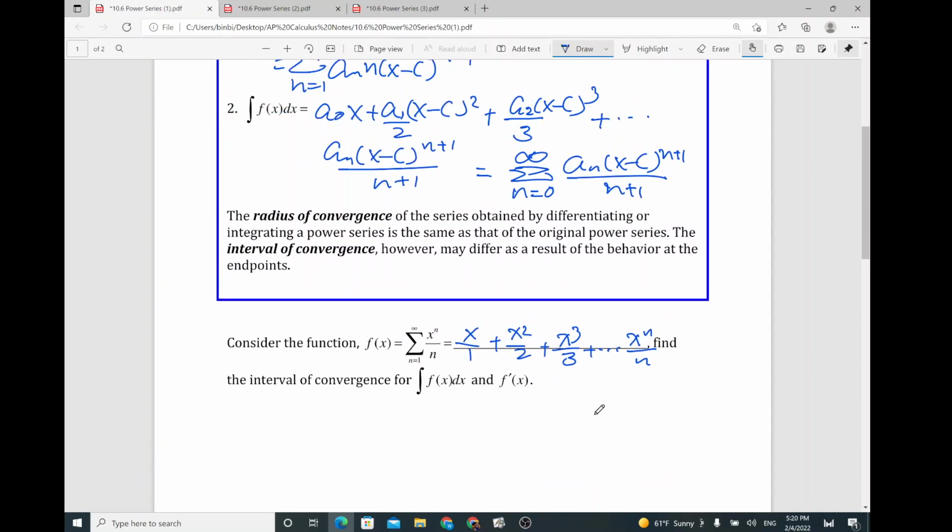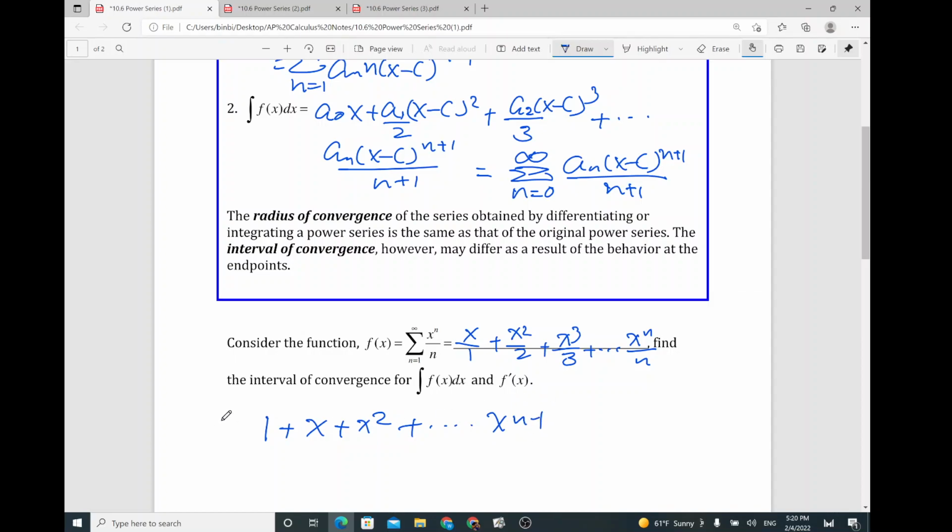You may be wondering about f prime of x. It is going to be written as 1 plus x plus x squared, and so on. Bring down the power, so 3 over 3 is gone. Keep going, and then x to the power of n minus 1.